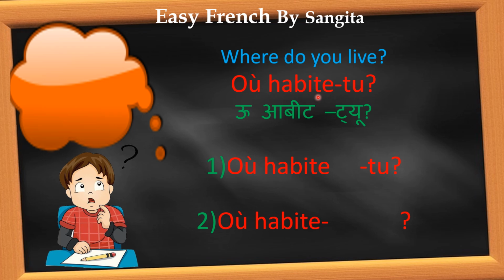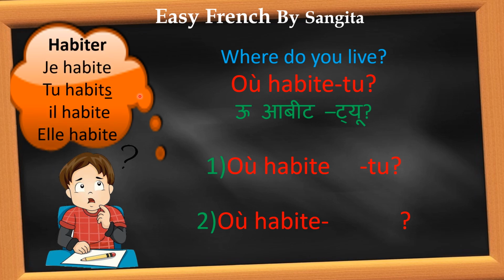Now here you see, when you go through the conjugation of verb habiter in your mind, you'll see that j'habite, tu habites, il habite, elle habite. So over here the verb conjugation matches the je form, the il form, and the elle form.